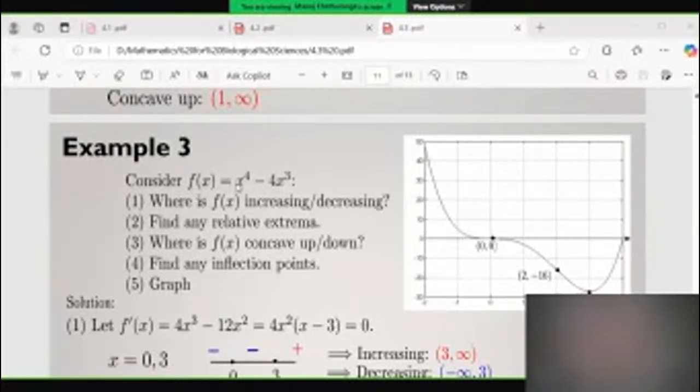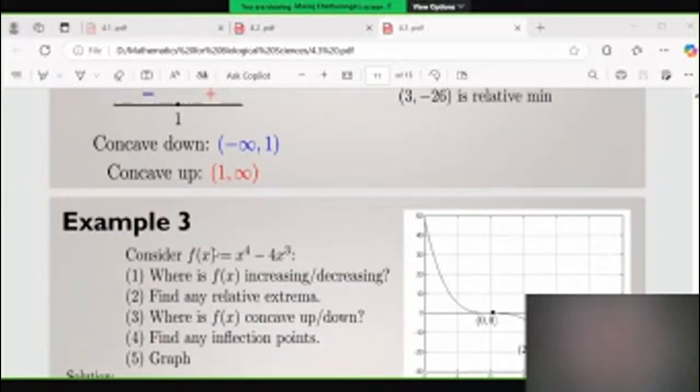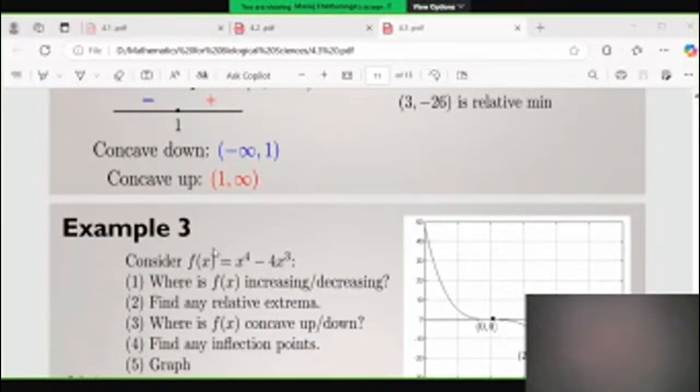Let's look at this function, x to the fourth power minus 4x cubed. Forget about this graph for a second. Can you differentiate this function and answer these first four questions? Differentiate it and find where it is increasing and decreasing. Find all the relative extremes, that means zeros of the derivative, and find where it is concave up and concave down, and find any inflection points.